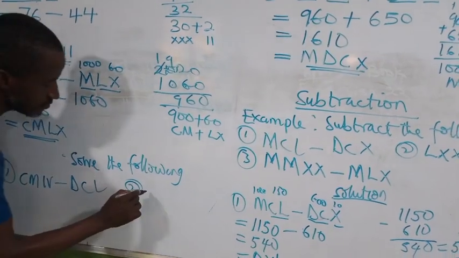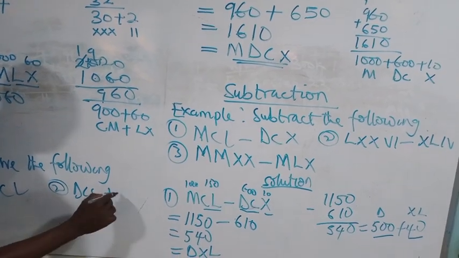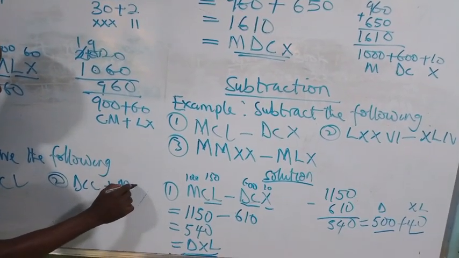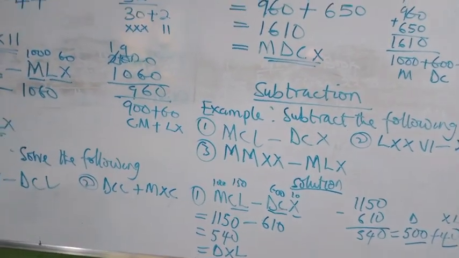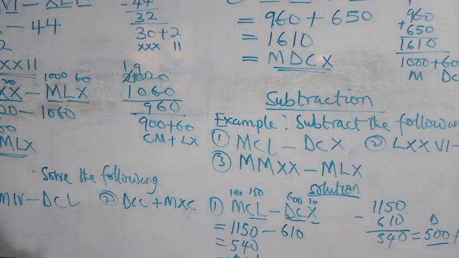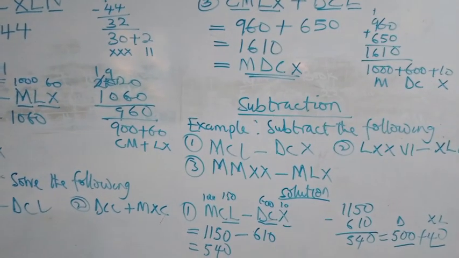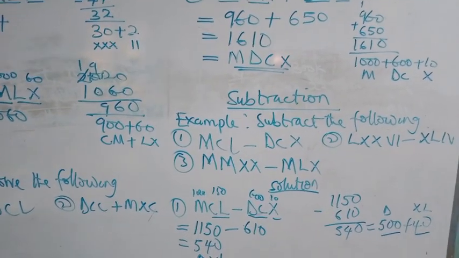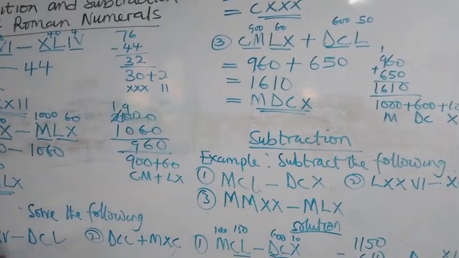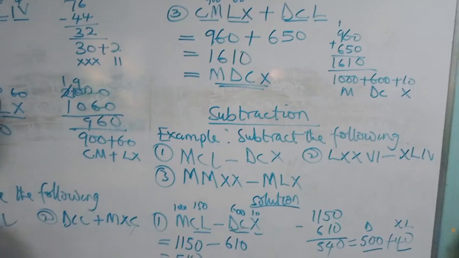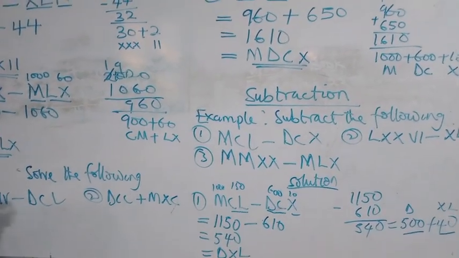Two, DCC plus MX. When we are trying to do this, we should consider how to convert from the Roman numeral to figure and add or subtract where it is necessary.